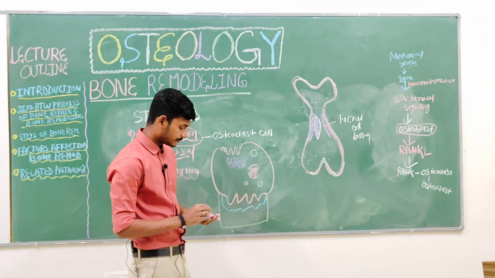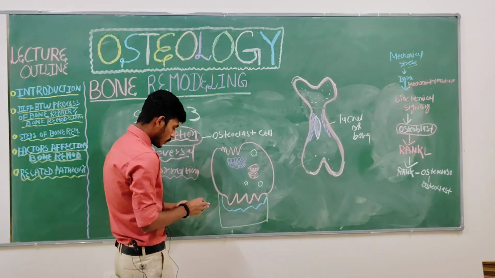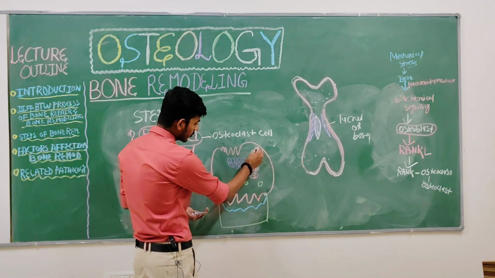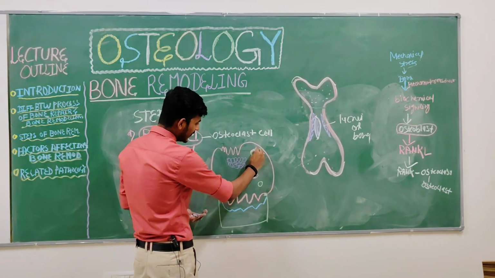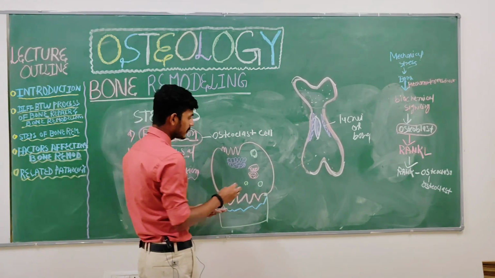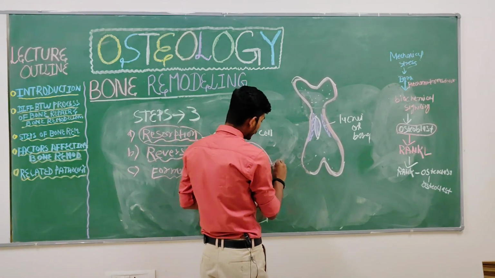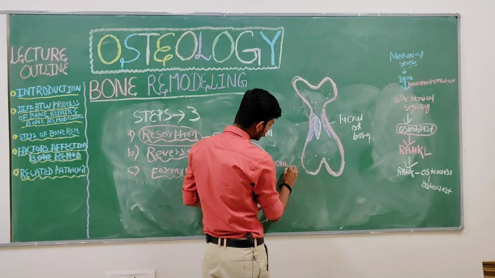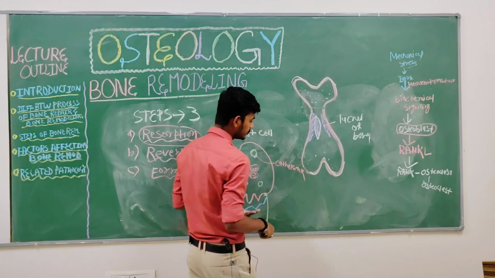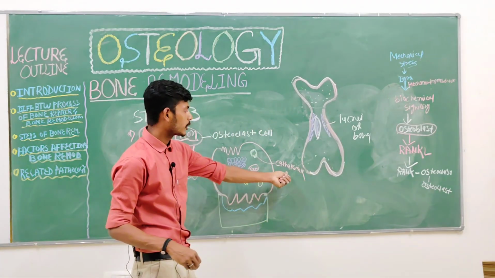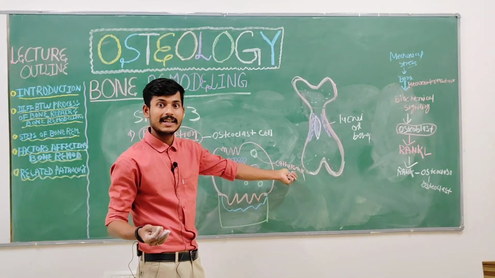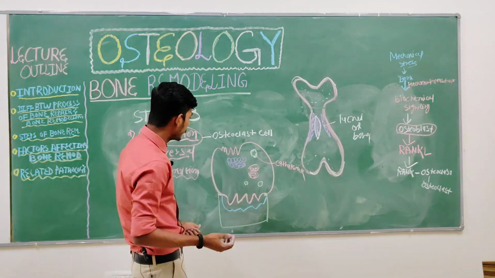Now, what happened? These lysosomes are carrying one destructive enzyme, and that's called cathepsin K. They are collagen digesting enzymes, or we can say simply proteases.